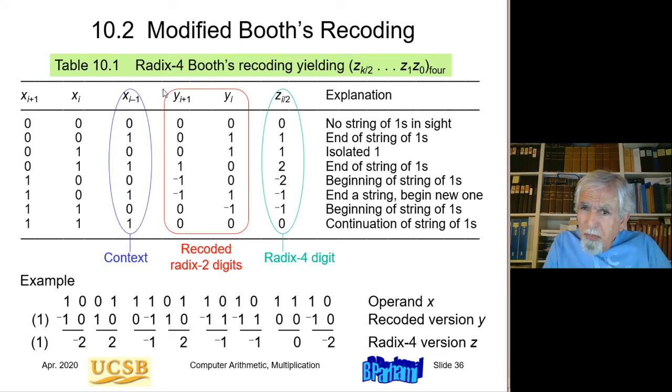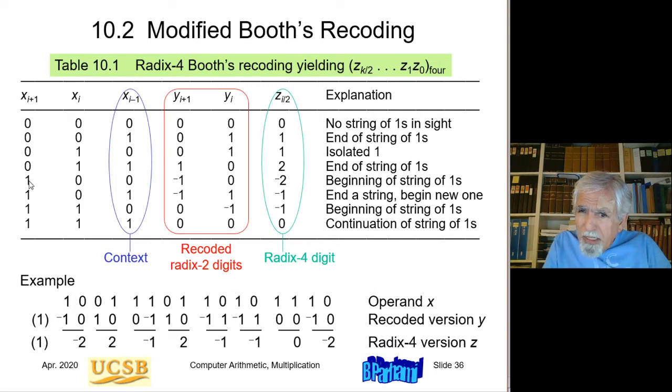I take 2 bits of the operand, xi plus 1 and xi. I take a peek at the bit to the right. This is called the context of the recoding. So if I see, for example, 1, 0 in these 2 positions, and the context is 1, the multiple will be -1.